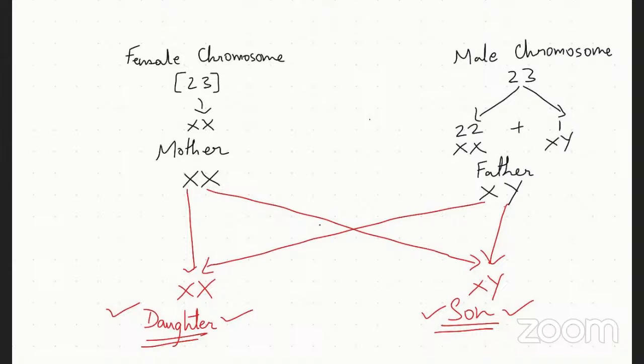If they want a daughter, they take the father's X chromosome and the mother's X chromosome and create a fusion so that a daughter can be born. This is what the doctors do. And if the parents want a son, they take the X chromosome from the mother and the Y chromosome from the father.